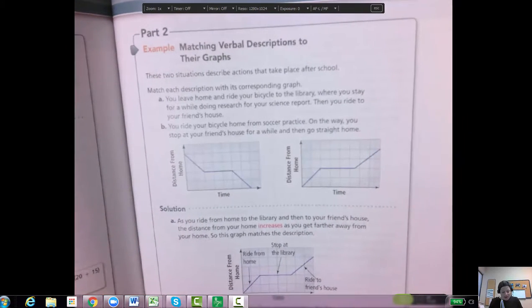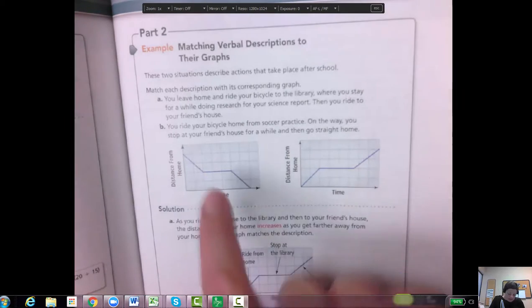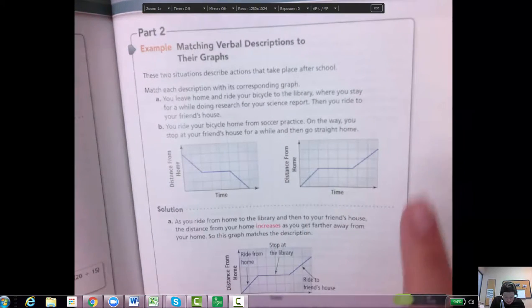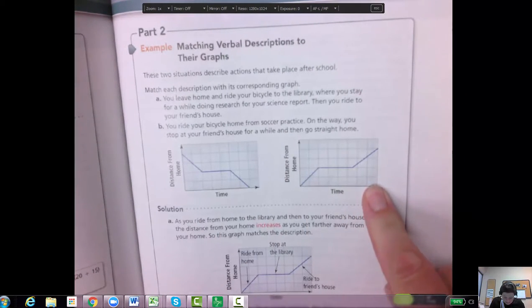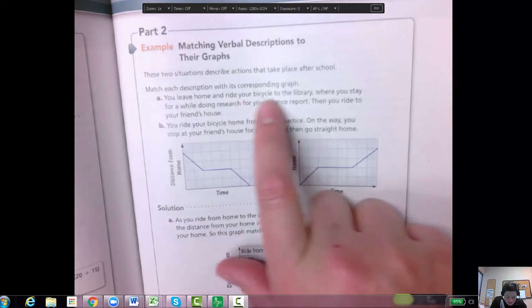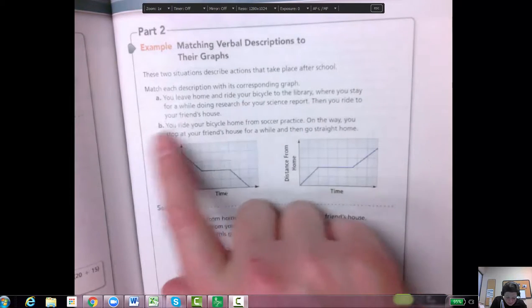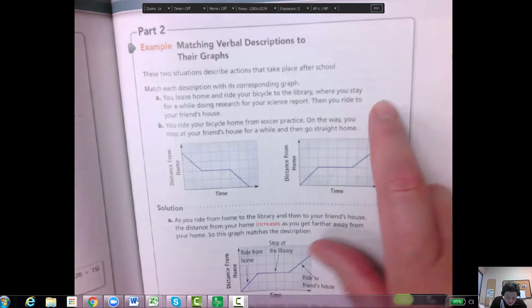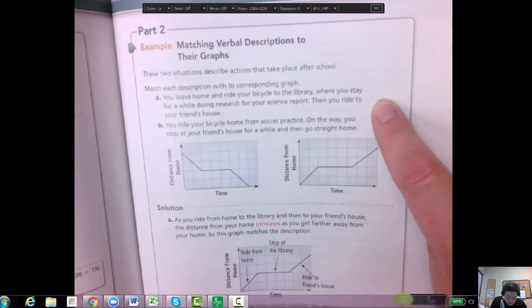So, which one is going with this one, and which one is going with this one? Okay, so we leave our home and ride our bike to the library, where we stay for a while, then we ride to our friend's house.